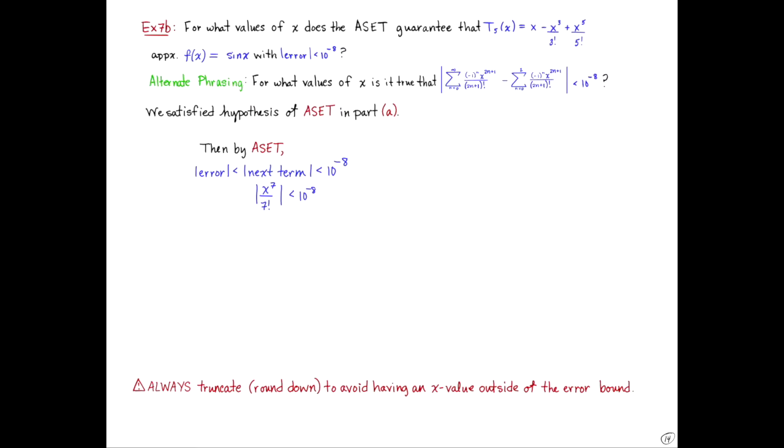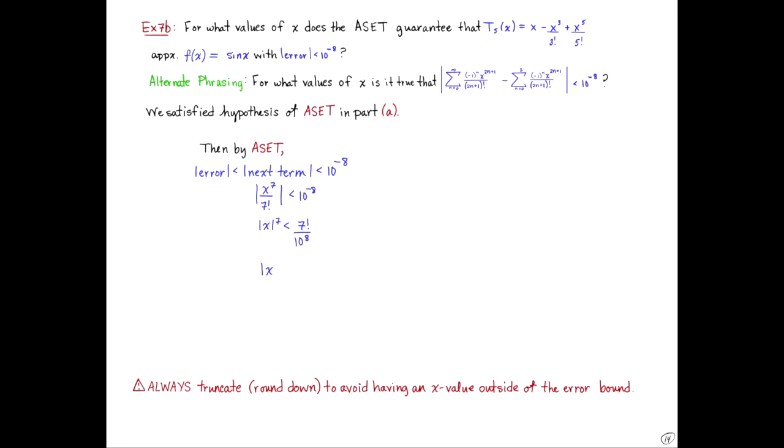We can rewrite this as the absolute value of x raised to the 7th power. Multiplying both sides through by 7 factorial, we have that this is less than 7 factorial times 10 to the -8th, or we could write that as over 10 to the 8th.